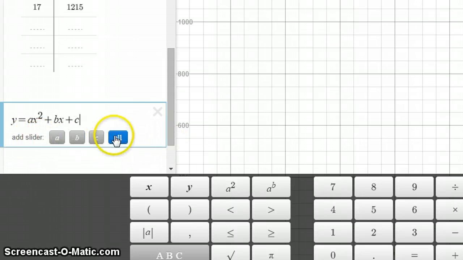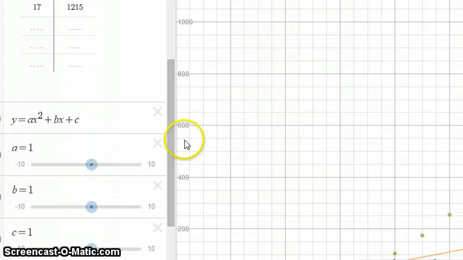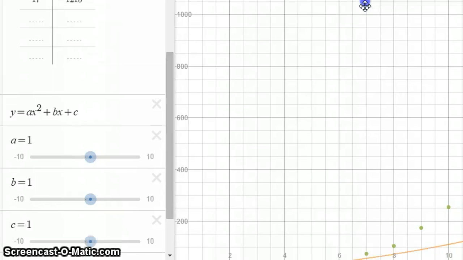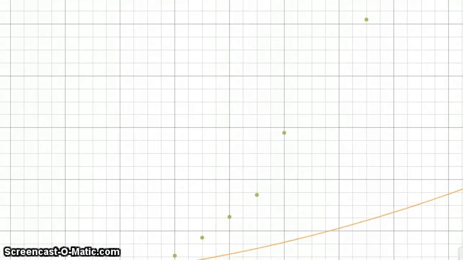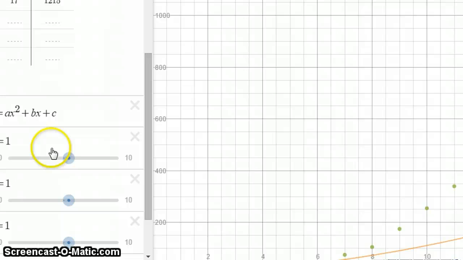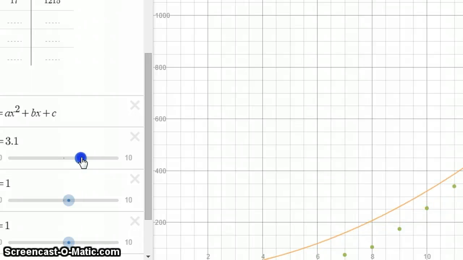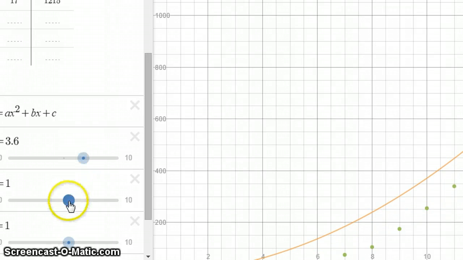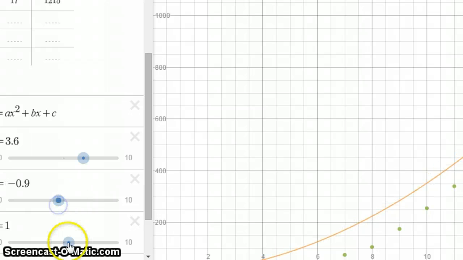And you say yes, add all of them. And there you see the default values it gives are 1, and there's the curve has started there, the part of the parabola, but we want it to be thinner, so we're gonna maybe make a little bit bigger. Maybe we want to move it over a little bit.